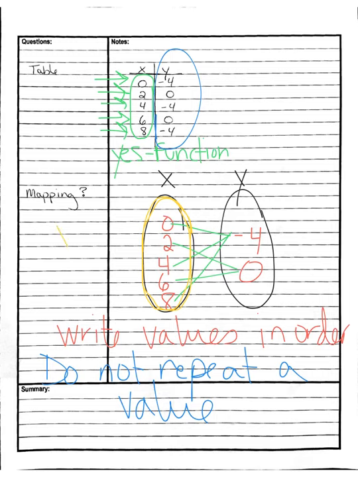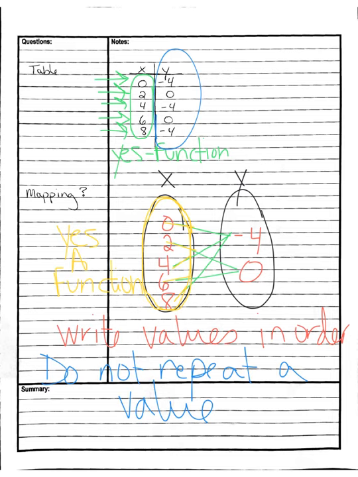So yes, this is a function. And how we can determine if it's a function from a mapping is we are looking for just one line to all the x's. That means that there is only one of them. And nothing repeats.